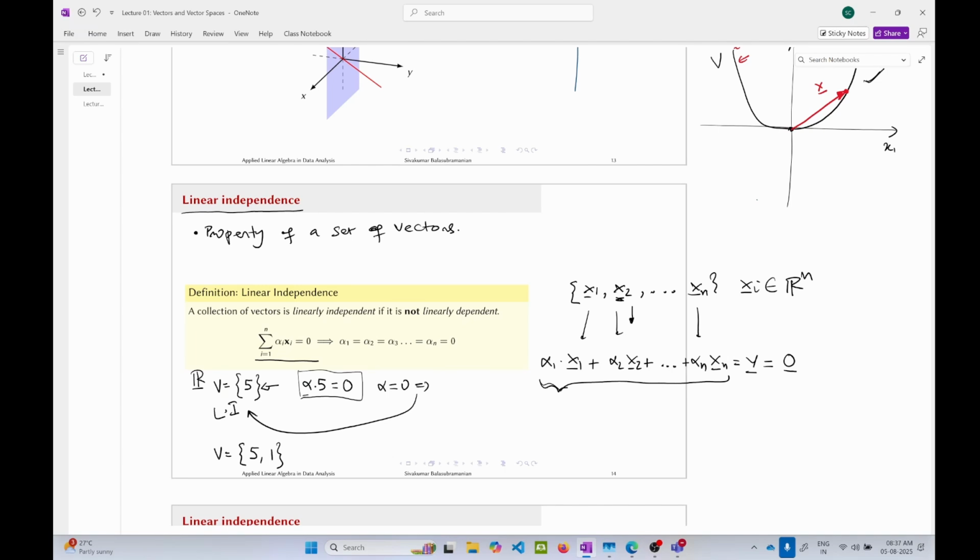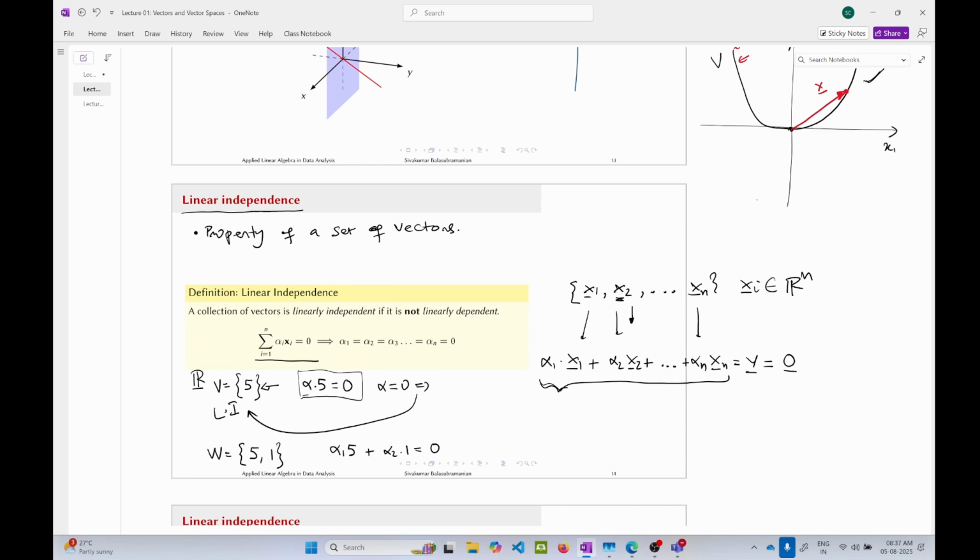Now I form another set. I'll call it W. Now I ask, is this set linearly independent or dependent? Well, very simple. You take a linear combination. Any linear combination will look like alpha 1 times 5 plus alpha 2 times 1, and I want to produce a zero vector. What possible values of alpha 1 and alpha 2 can I choose that will produce a zero vector? 0, 0 will obviously give you 0.